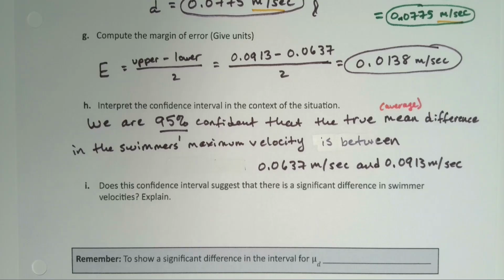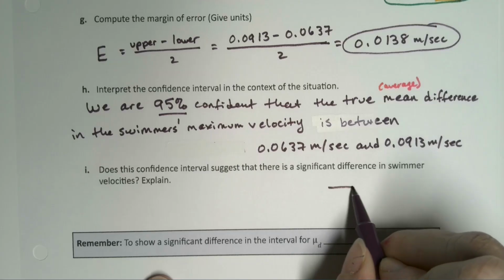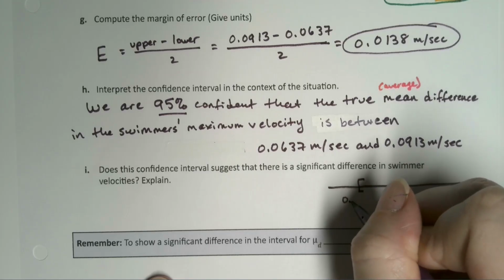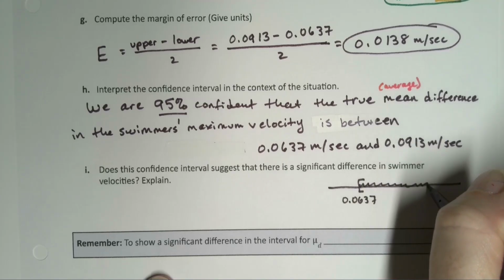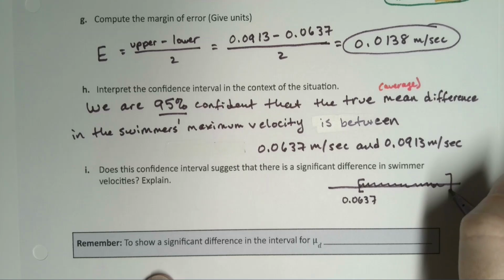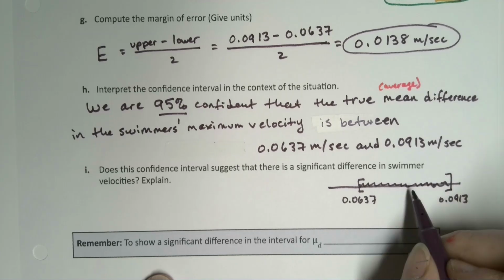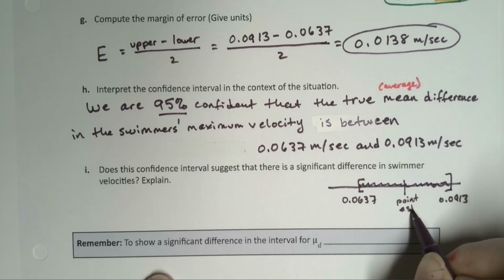Okay, so does that mean that there is a difference? Remember how this picture works. You have a confidence interval. The lower number is over here at 0.0637, and you're 95% sure that it's somewhere between here and here. And this is 0.0913. Just a little review, this is the point estimate in the middle, 0.0775.